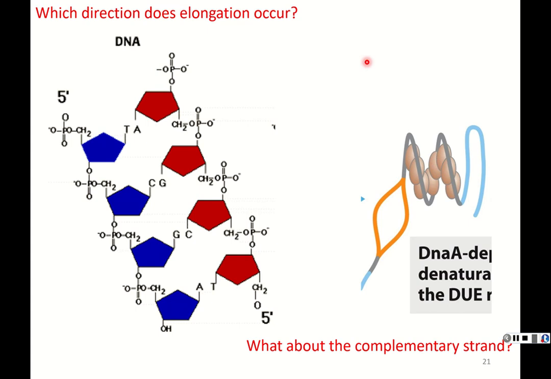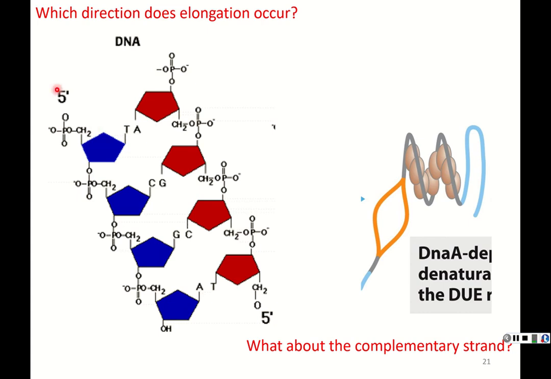So which direction does elongation occur? As you're unwinding this DNA, you can think of one of the strands as going 5' to 3'. If you remember from our discussion on nucleic acids and PCR, that's the direction that DNA is going to be synthesized.